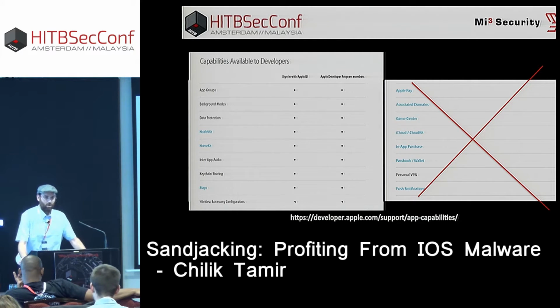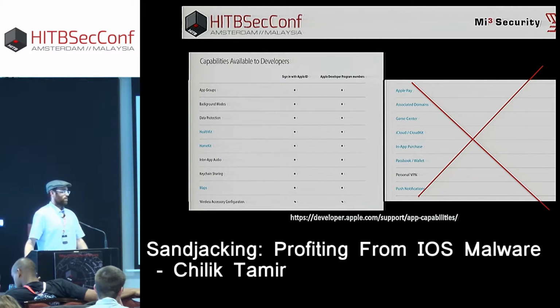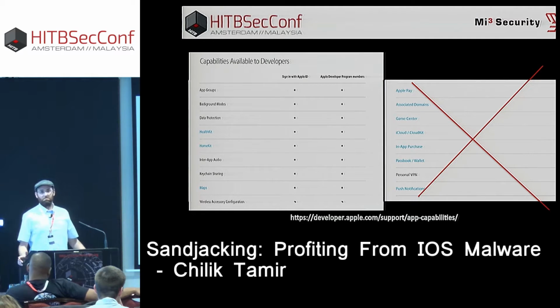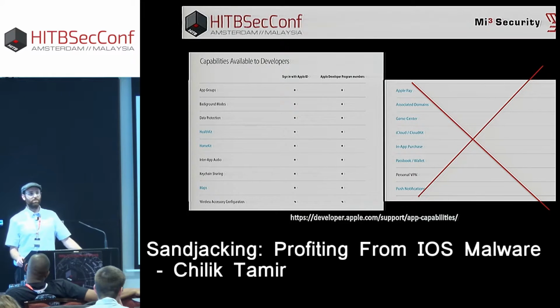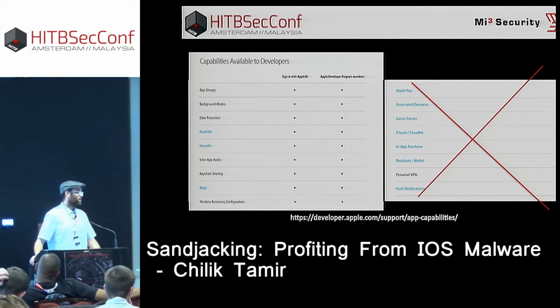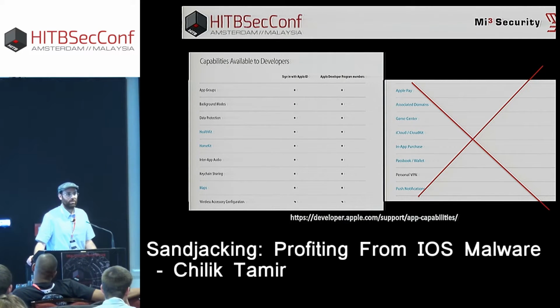So when looking at all of these capabilities, now we can create our own version of malware, right? It doesn't go through Apple. We don't submit any code to go through code review. Nobody will know what we have created. And Apple has helped us by lending a hand since iOS 9.